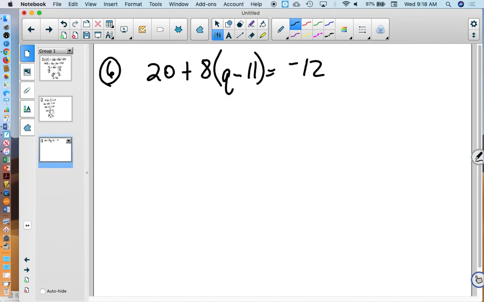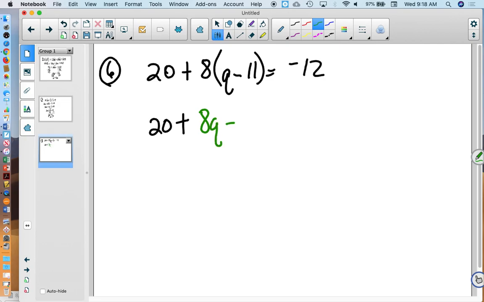Simplify the distributive property first. So I have 20 plus, I'm going to deal with that distributive property. What do I do with it? Distribute the 8 for me. Zane, that's okay. Distribute the 8 for me. 8Q. 8 times Q, good.